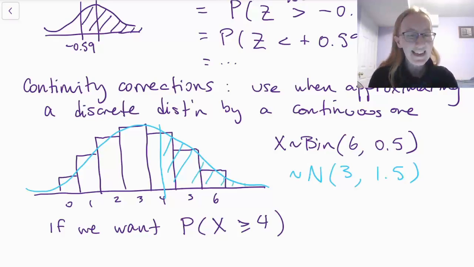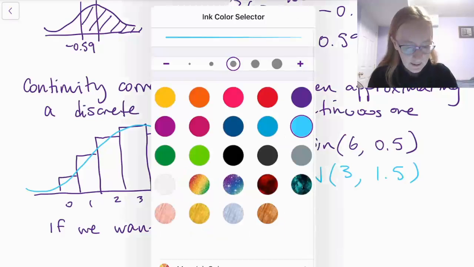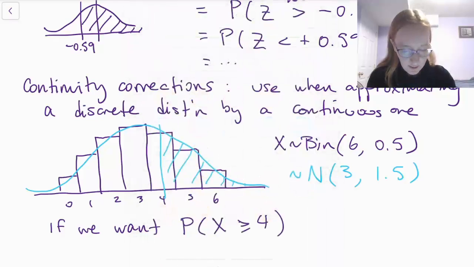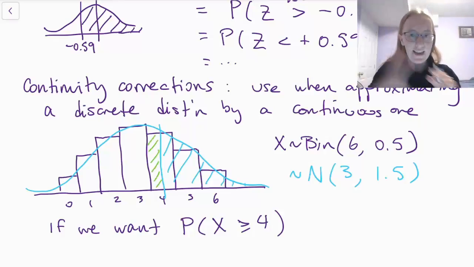And we can see that that's not quite right. If we want the probability x is greater than or equal to 4, we really want to include this part of this bar here. A better approximation would be all of the 4 bar, all of the 5 bar, and all of the 6 bar.